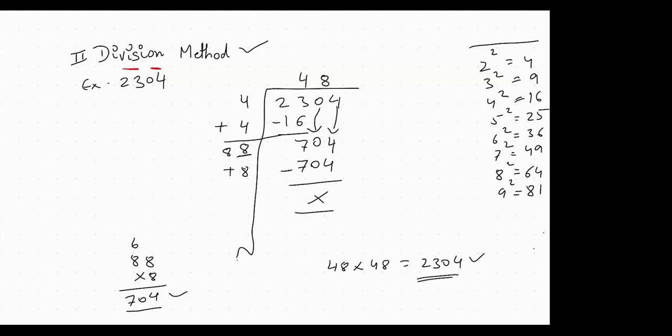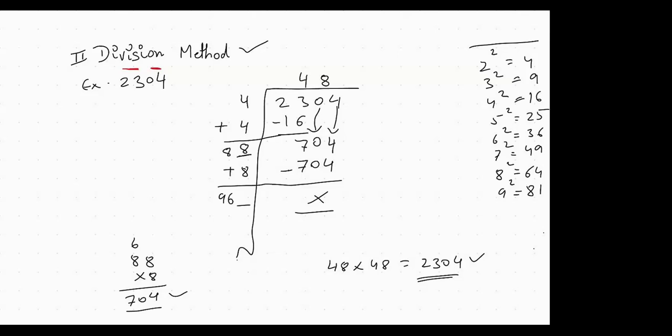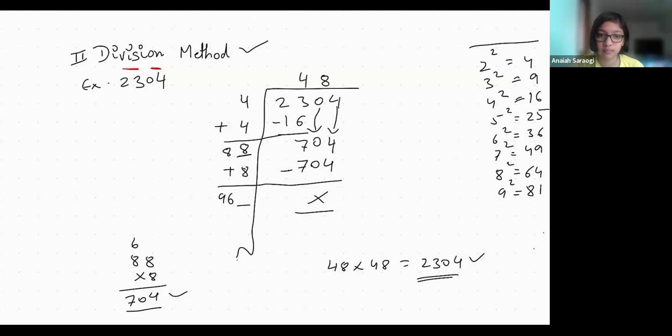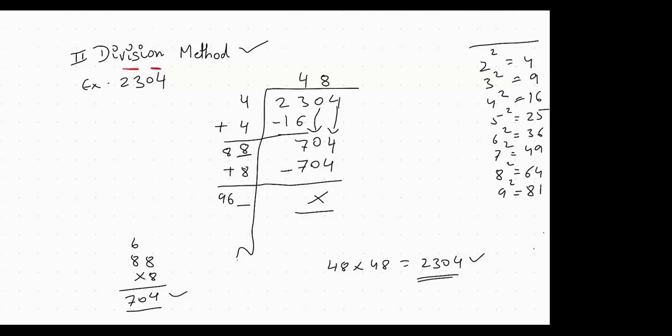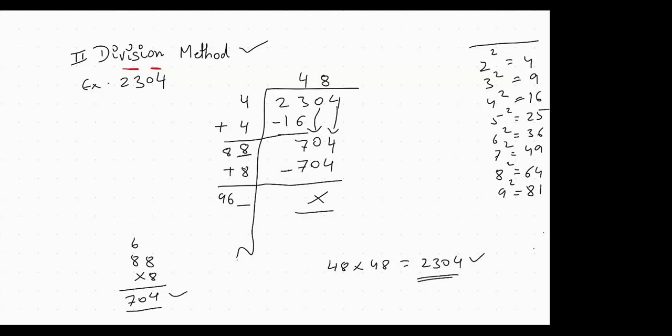So what would it have become? 88 plus 8 would have become 96. And then we would have had another number here. We would have taken it down and continued. So this is how you solve it.